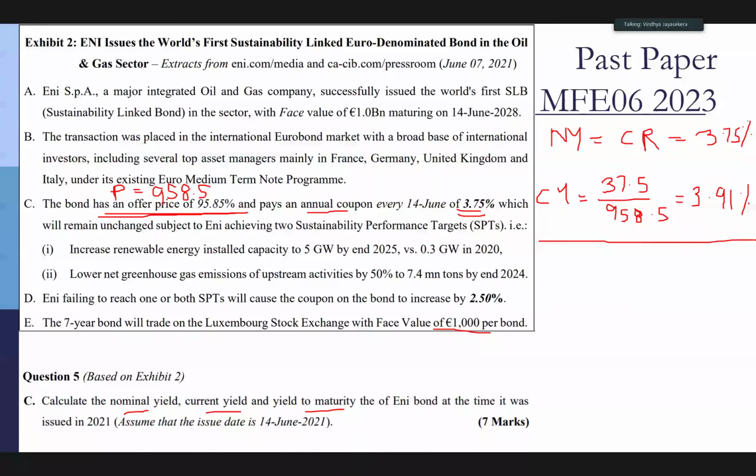When you want to do your yield to maturity, what will be your guess? Your guess will be 1,000 minus 958.5 per annum divided by what? Divided by how many years? To annualize this, divided by how many years?